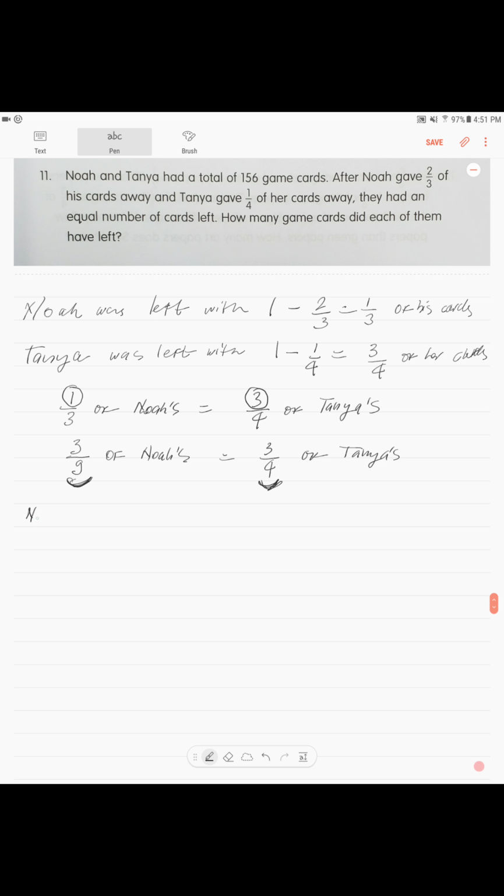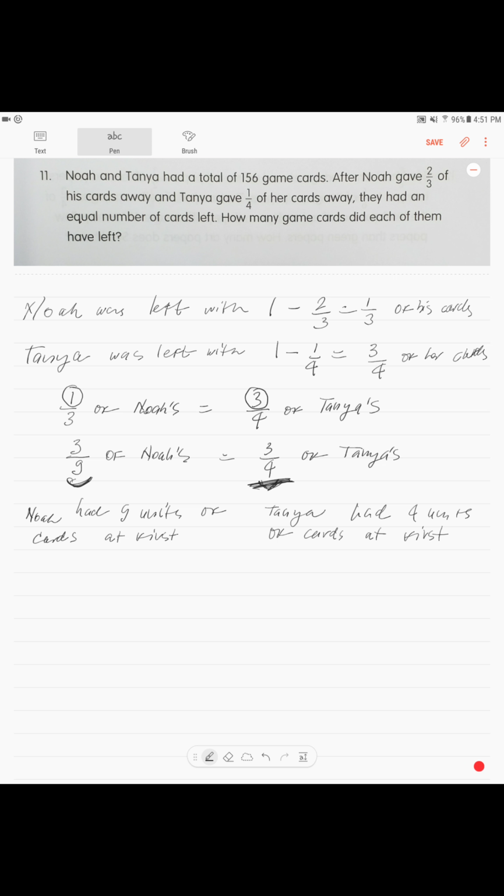So basically, here Noah had 9 units of cards at first. And Tanya, she had 4 units of cards at first.